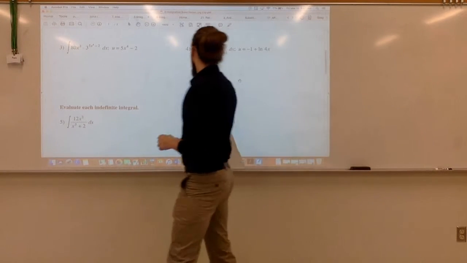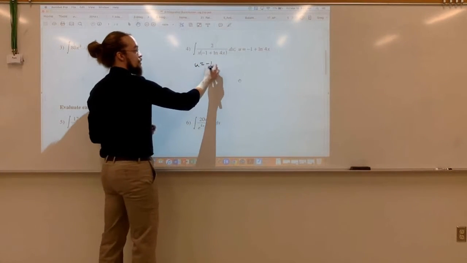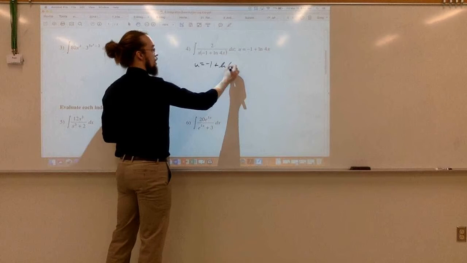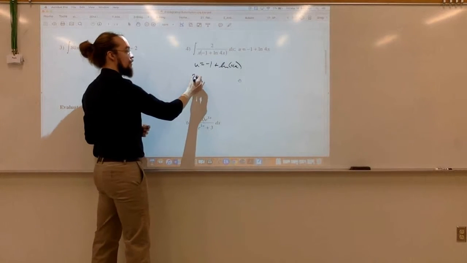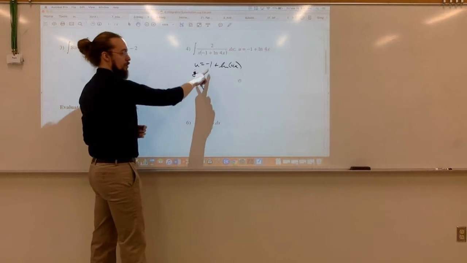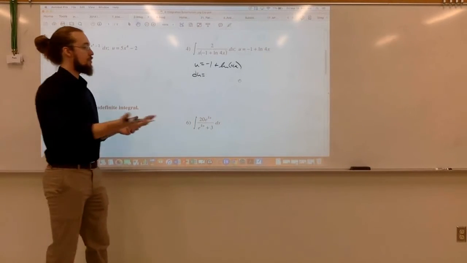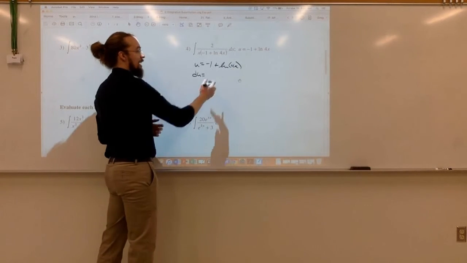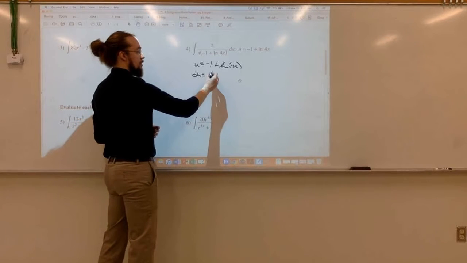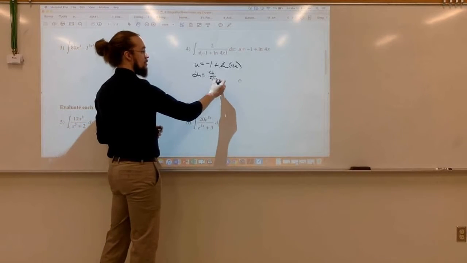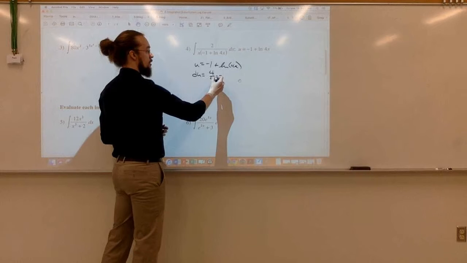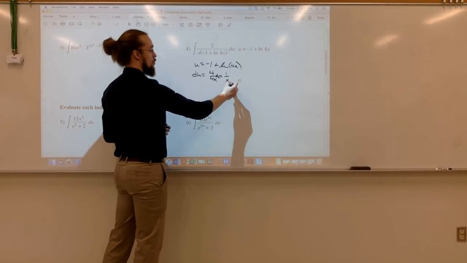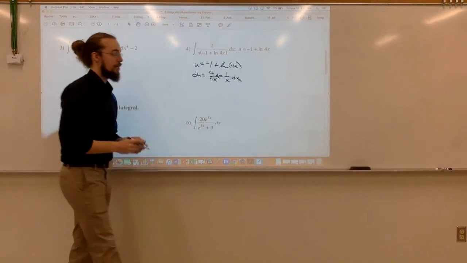So if I say u equals -1 plus the natural log of 4x, and I take that derivative, du, the derivative of -1 is 0. The derivative of natural log of 4x would be 4 over 4x, which would just be the same as 1 over x dx.